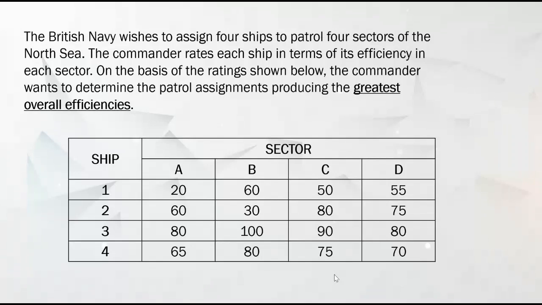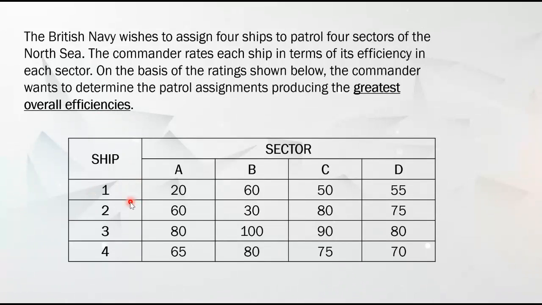On the basis of the ratings shown in the table right here, the commander wants to determine the patrol assignments producing the greatest overall efficiencies. In other words, we want to know which ship should be assigned to which sector so that at the end of the assignment we are able to produce the greatest overall efficiency.